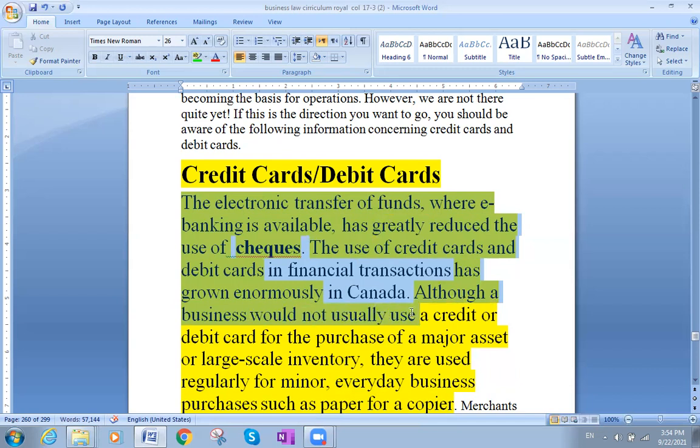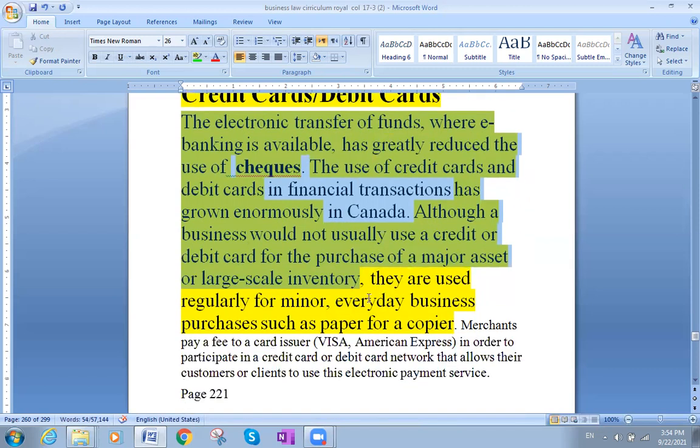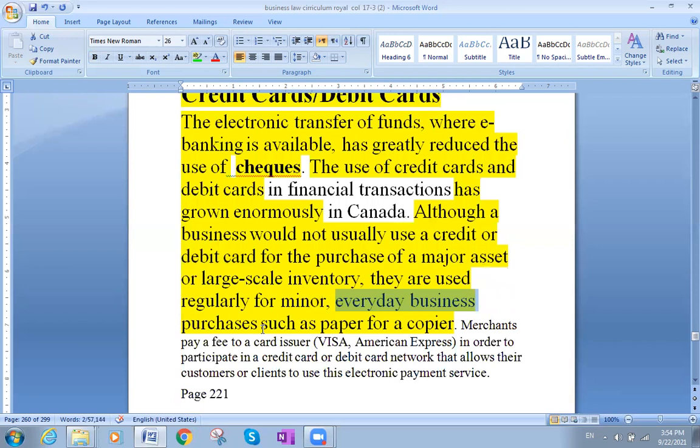Although a business would not usually use a credit or debit card for the purchase of major assets or large-scale inventory, they are used regularly for minor everyday business operations. Like all of us now, we use Visa and American Express, and we use ATM machines. All those types, we call electronic transactions.